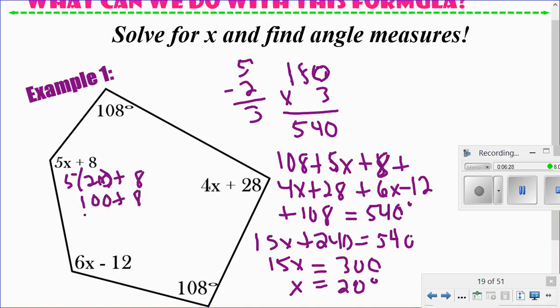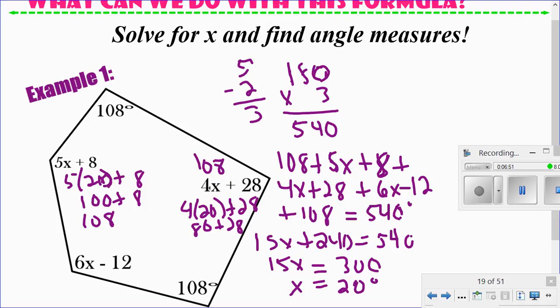Plus 8 is 108. Substituting in 20 here, 4 times 20 plus 28. Well, that's 80 plus 28. That's 108. Okay, it's looking like this might have all the same angle measures.